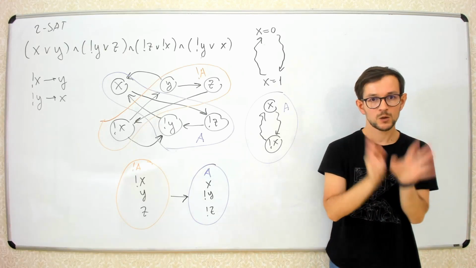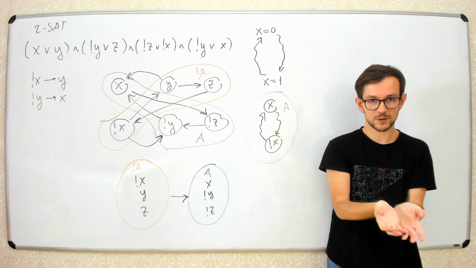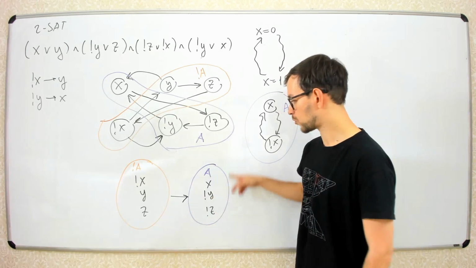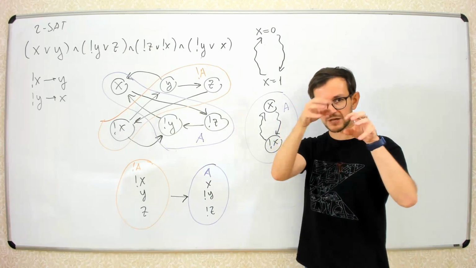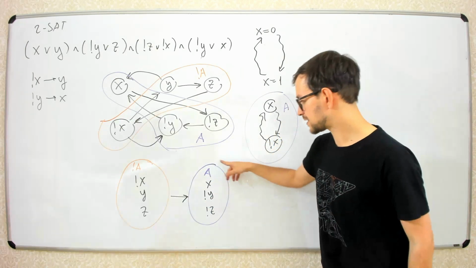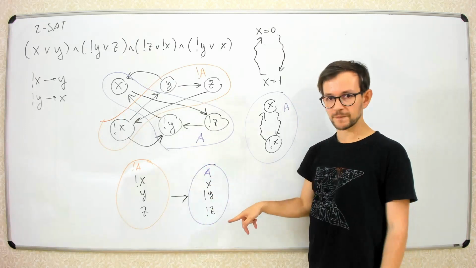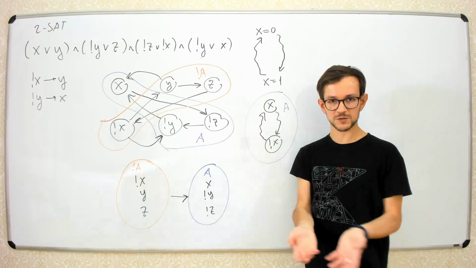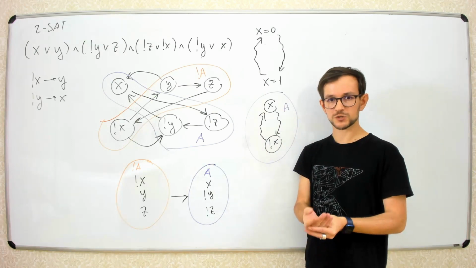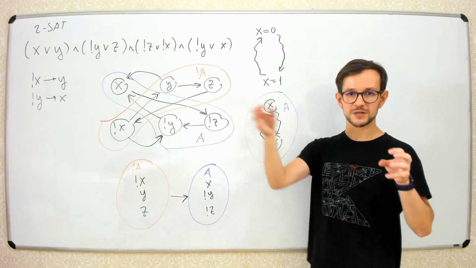Now let's see what's going on inside each strongly connected component. So if you have a strongly connected component, then you have implications from any statement to any other statements. So inside any strongly connected component, if at least one of these statements is true, then all statements must be true, right? Because in strongly connected components, everything implies everything.